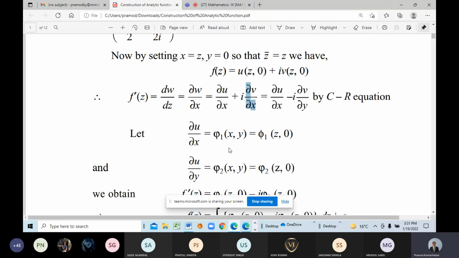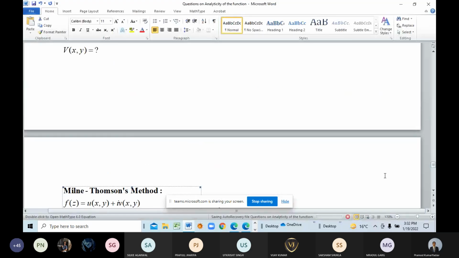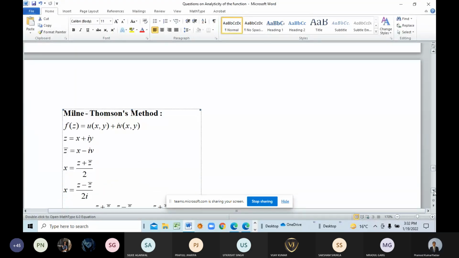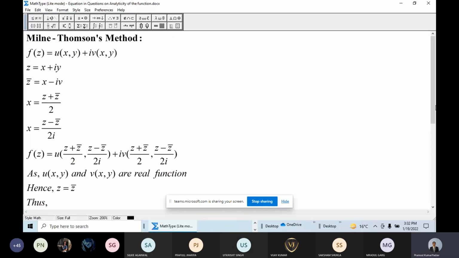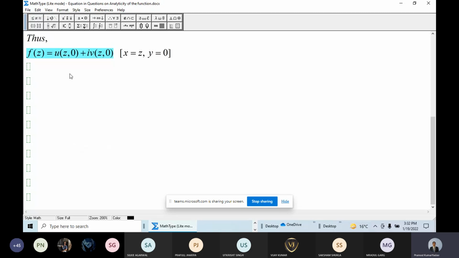So what are we doing? Why are we doing these things? Because to construct the analytic function, either the real part is known or the imaginary part is known. So our target is to find the value of f(z). We reach up to f(z) here like this. So f(z) has been evaluated in terms of this, but neither u(z, 0) is given nor v(z, 0) is given.